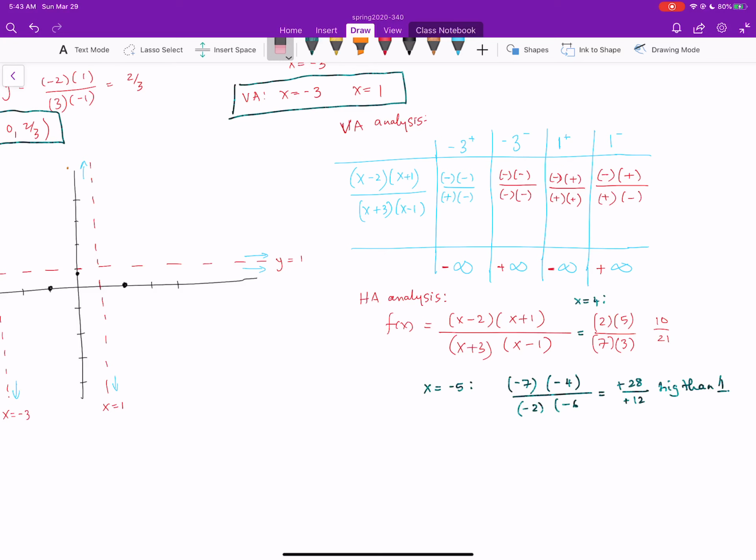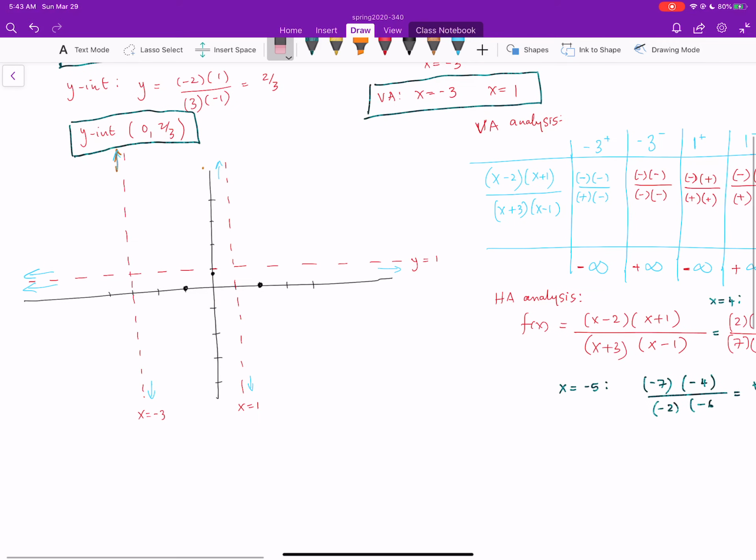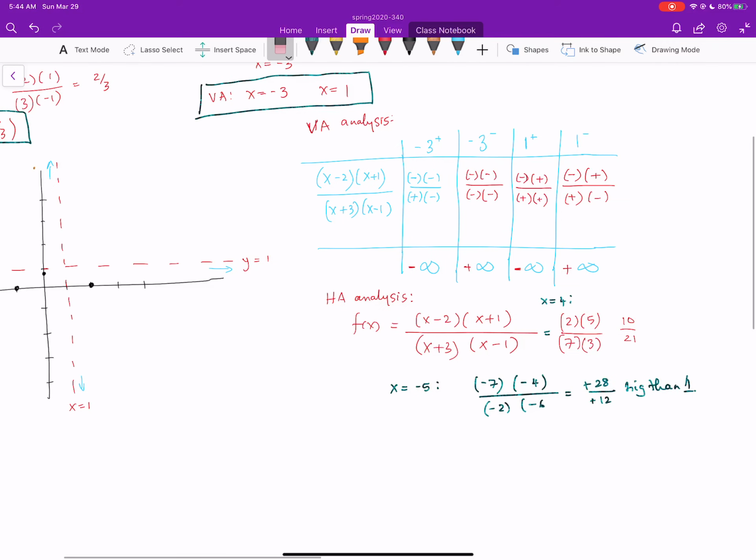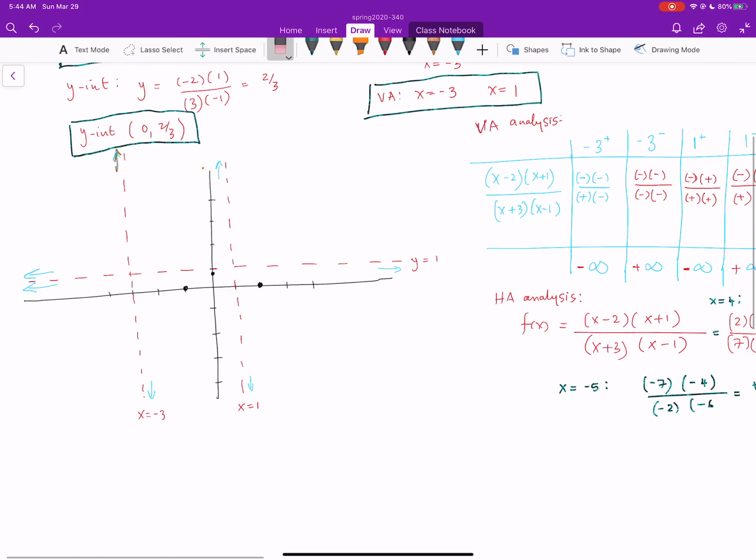So I know that the graph is below y equal to 1 on that side. And then if I pick x equal to negative 5 for the left side of that graph, I end up getting a number that is bigger than 1. So I know that the graph would have to be above the line y equal to 1.